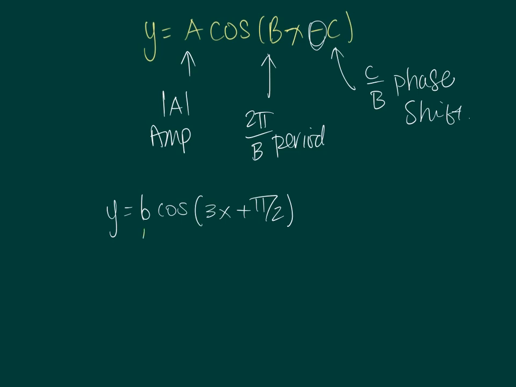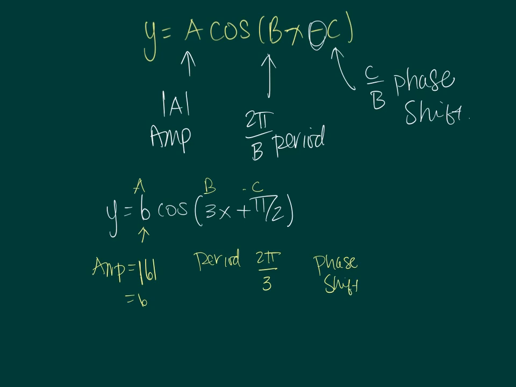We know that this is going to tell us our amplitude. It's the absolute value of 6, which is 6. We know that our period would be 2 pi divided by B, which is 3. I'll write these up here so that you can kind of see what they are still. Minus C. Our period will be 2 pi over 3. And our phase shift, so this is where it gets a little weird.